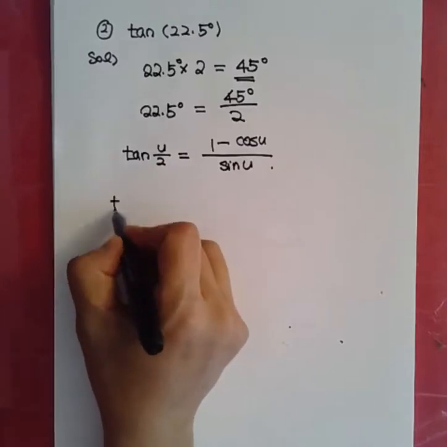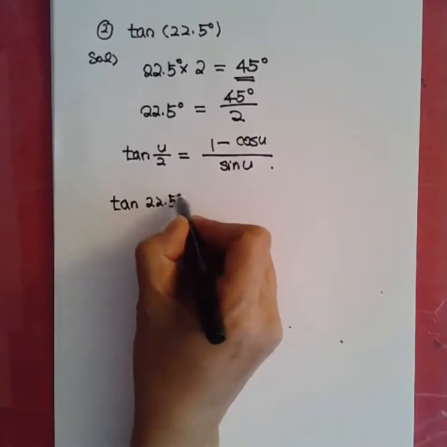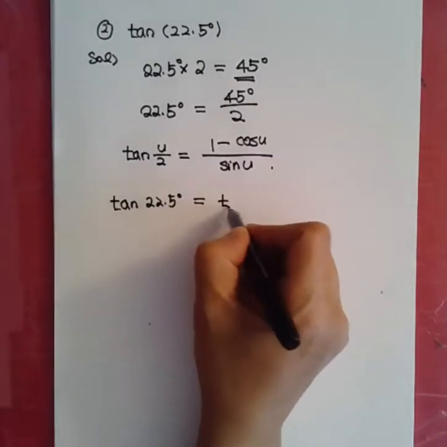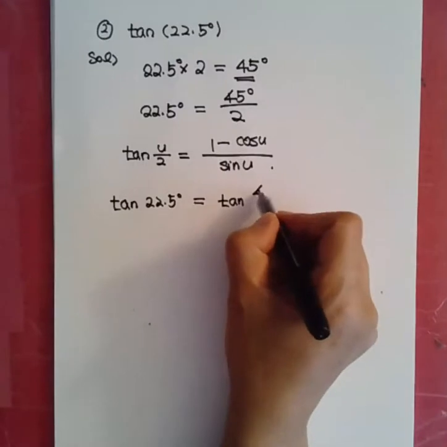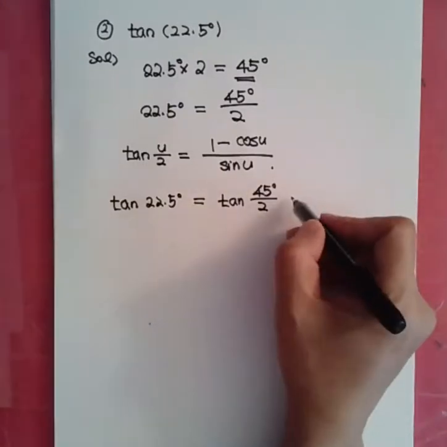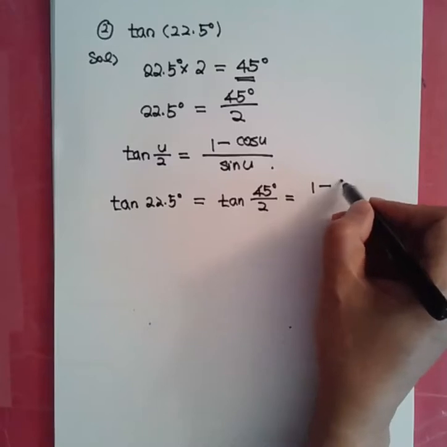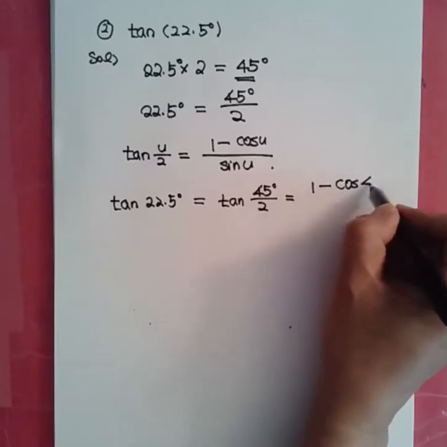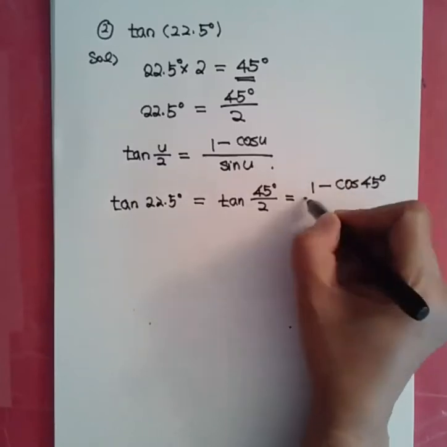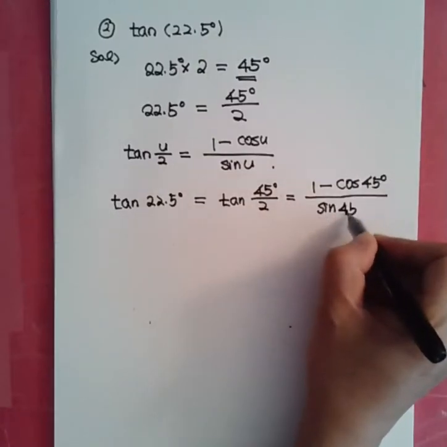So tangent of 22.5 degrees could be re-expressed as tangent of 45 degrees over 2. If you use the formula, then that'll be (1 minus cosine of 45 degrees) over sine of 45 degrees.